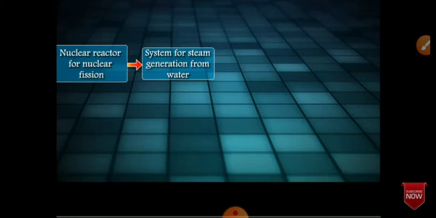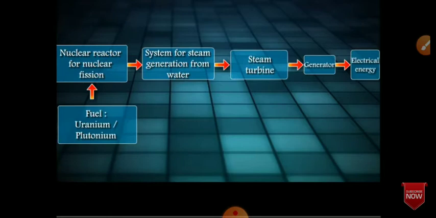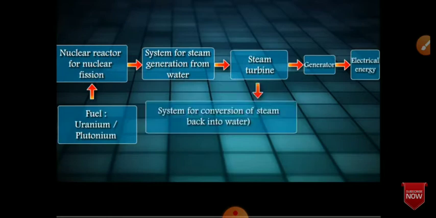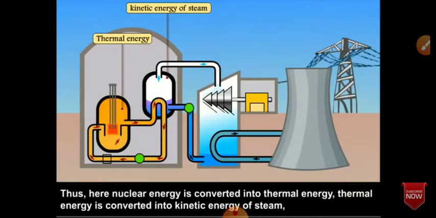Here you can see electricity generation in the nuclear power plant. This I'll explain to you now. First you see, then you can understand in a better way. Here the nuclear energy is converted into thermal energy, and then thermal energy is converted to kinetic energy of the steam.